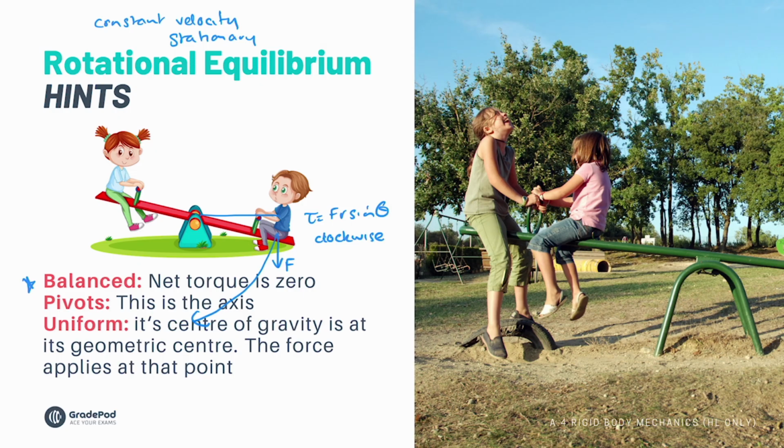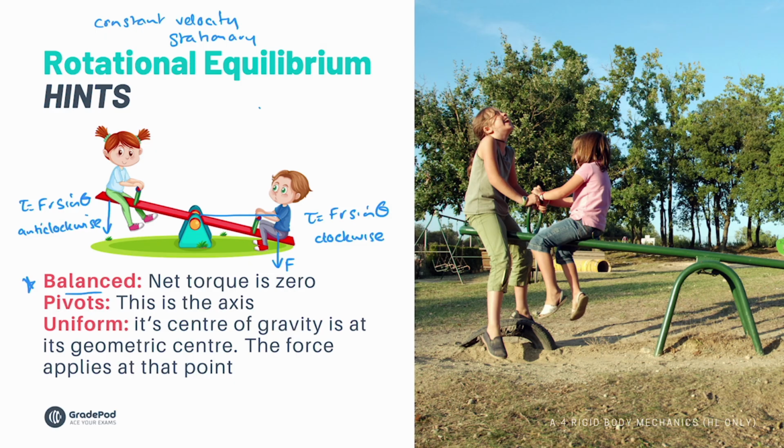I'll show you later why it's useful to think of them as clockwise and anti-clockwise. This girl here has a force acting downwards, that's her weight, and her torque is also F r sine theta. But her torque is acting anti-clockwise. That means this person's torque is the same as the other one, but in the opposite direction.